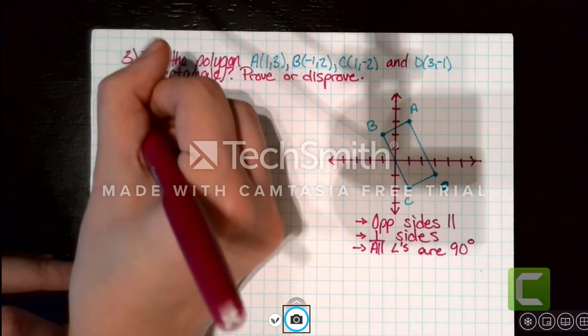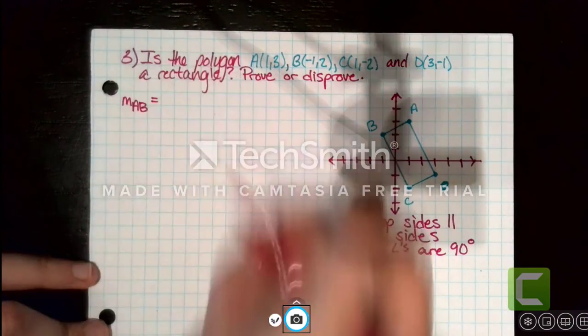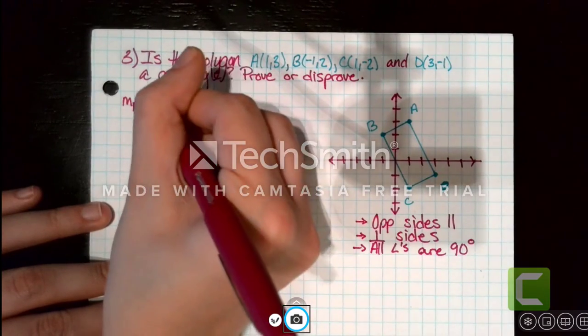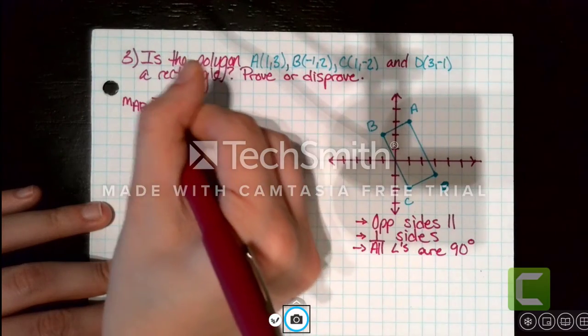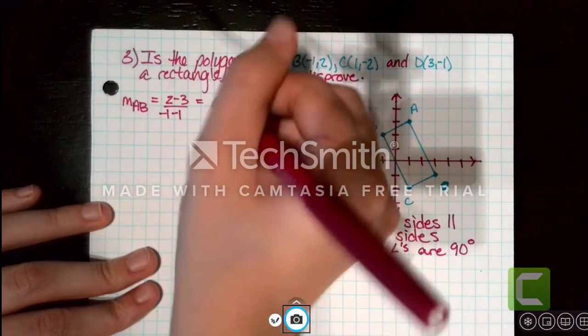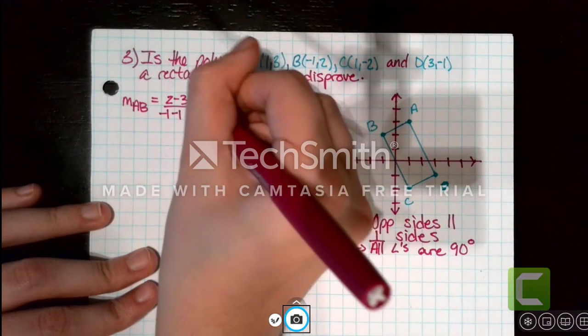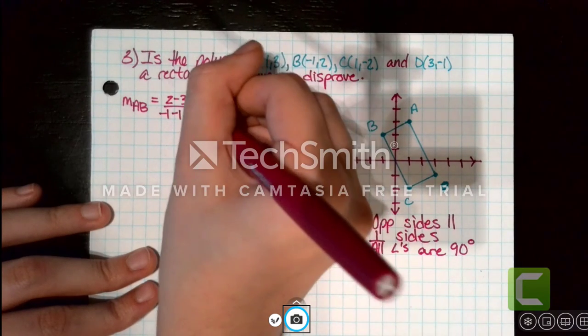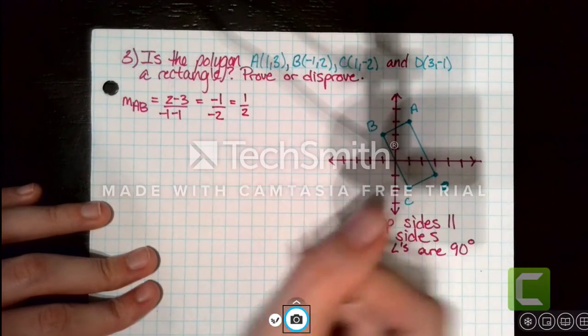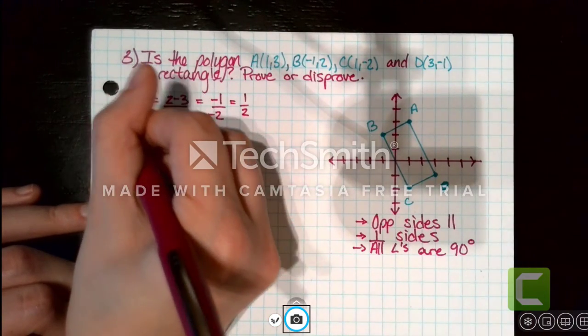So the slope of AB is equal to the difference of our y's divided by the difference of our x's, which will give us -1 all over -2, or 1/2. Same thing goes for the slope of CD.